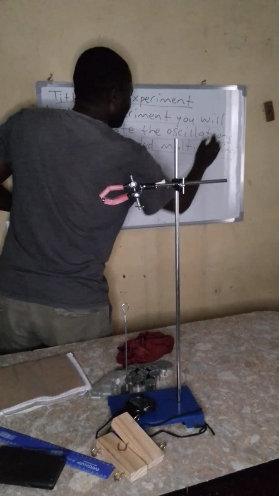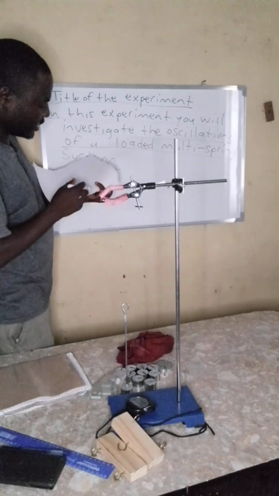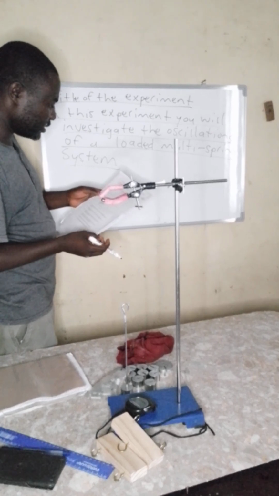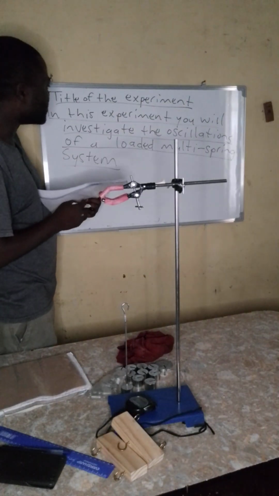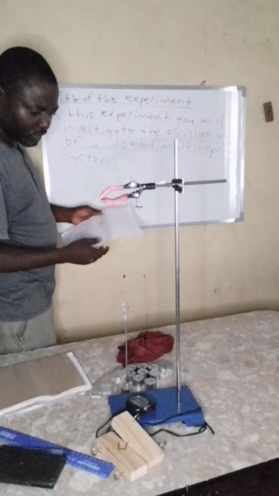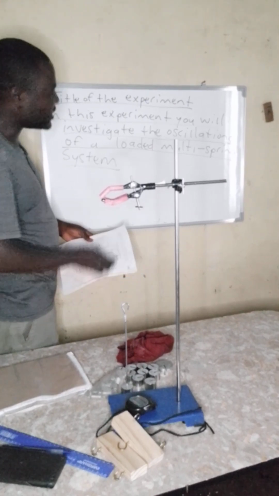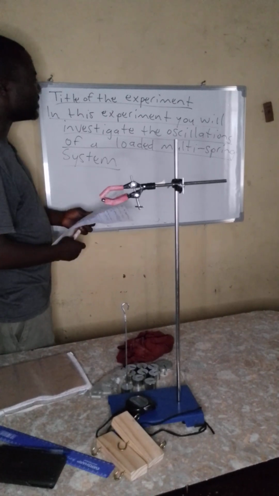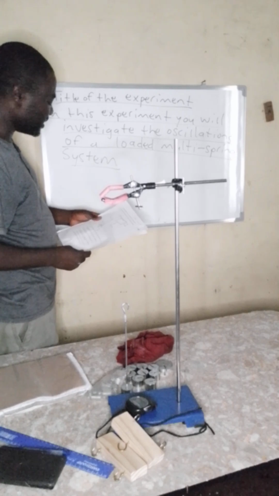After having started on the title of the experiment, the next step is to consider the experimental setup, right? So this is the title of the experiment that we're going to conduct. In every lab session or practical session or experiment, there's the title of the experiment. So in this experiment, you will investigate the oscillations of a loaded multi-spring system.